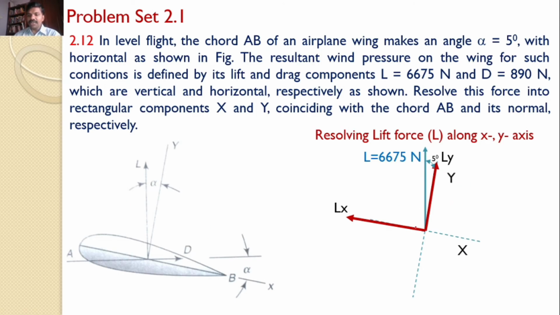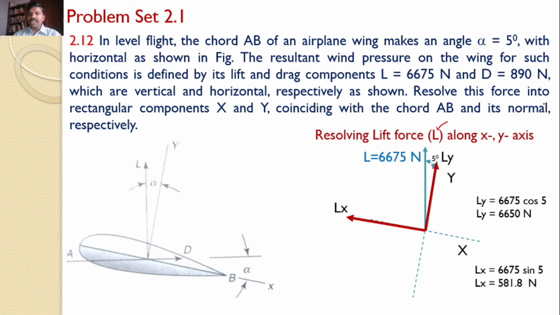Since the force makes an angle of 5 degrees with the y-axis, Ly becomes the cos component, that is Ly equals 6675 cos 5, which gives the value of 6650. The other component, Lx, becomes the sine component, that is 6675 sin 5, which is equal to 581.8 newtons. These are the components of the forces along x and y axis as far as the L force is concerned.